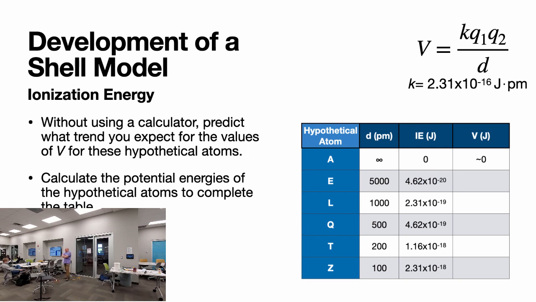Okay, without using a calculator, predict what trend you expect for the values of V for these hypothetical atoms. What do you predict the trend is going to be?